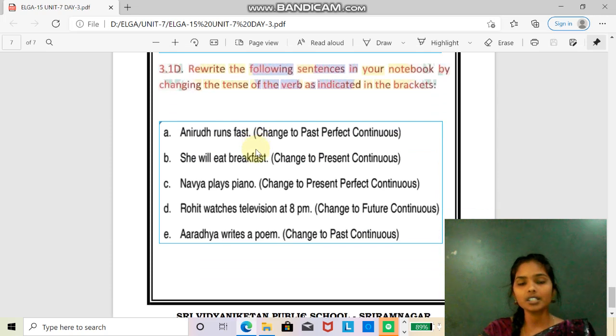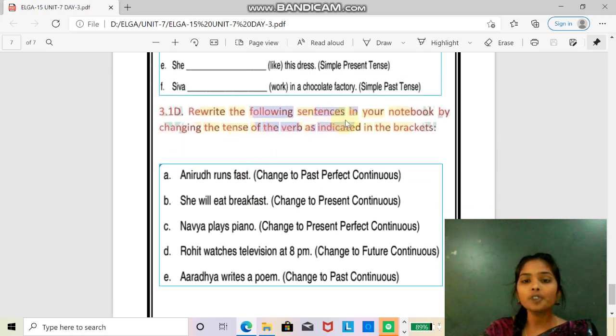Coming to the next question, rewrite the following sentences in your notebook by changing the tense of the verb as indicated in the bracket. They have given the sentence in one form. They didn't mention it, but they are giving in the bracket the tense into which you have to convert. So, for example, Anirudh runs fast. This sentence is in simple present tense, isn't it?